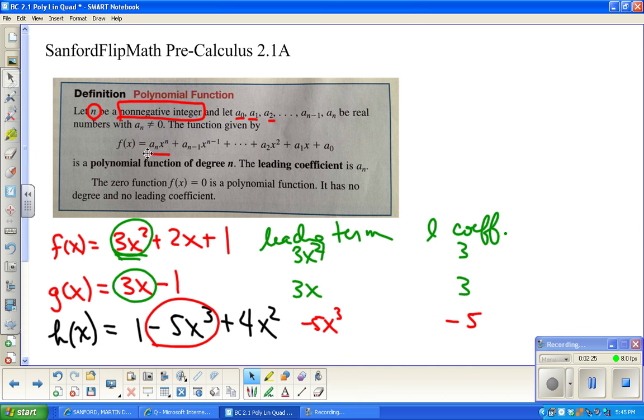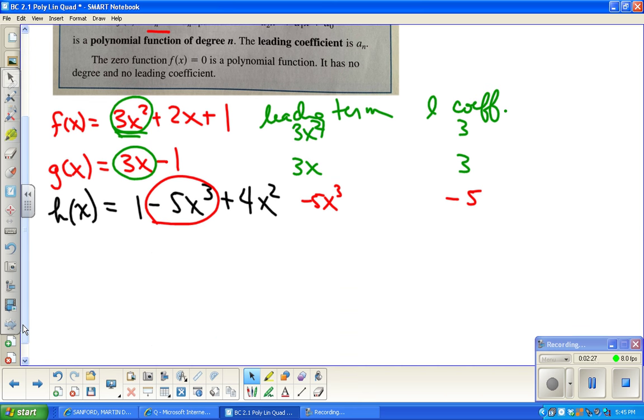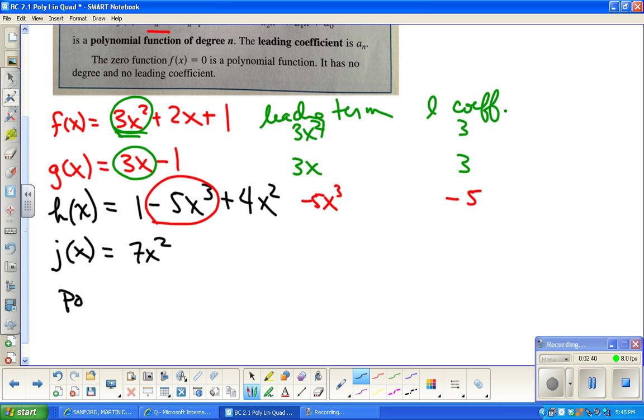Now, here's something you're really not going to like, and that is, say j of x is 7x squared. It is still considered a polynomial. I understand that the word poly usually we think of as meaning many, or at least more than one.